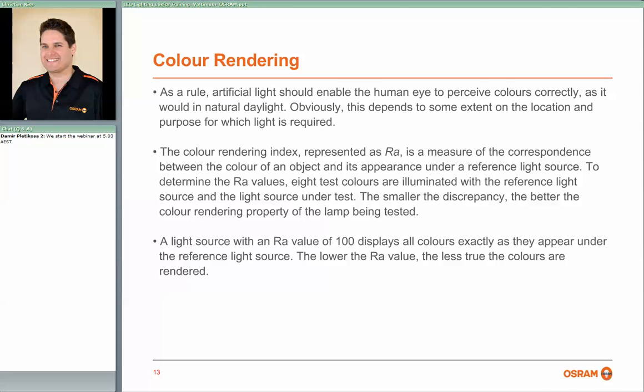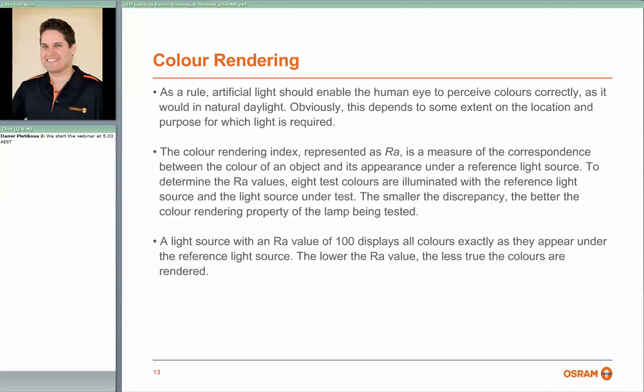Okay, so color rendering, another lighting term. As a rule, artificial lights as perceived by the human eyes have different spectrum of light output, and basically the actual spectral distribution will determine how well colors are perceived to the human eye.